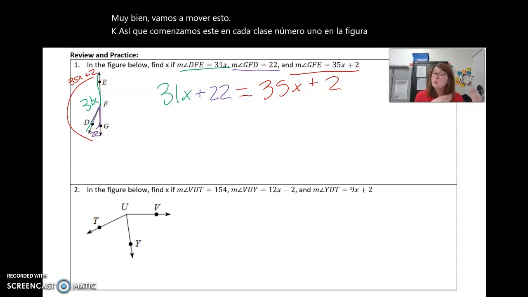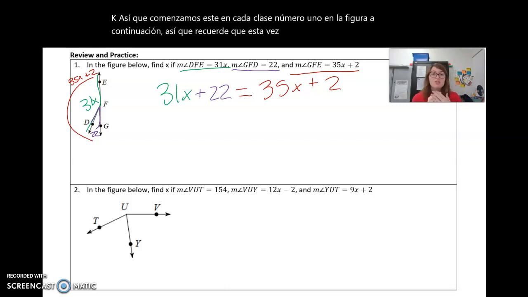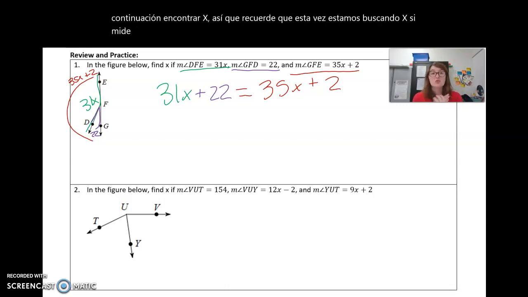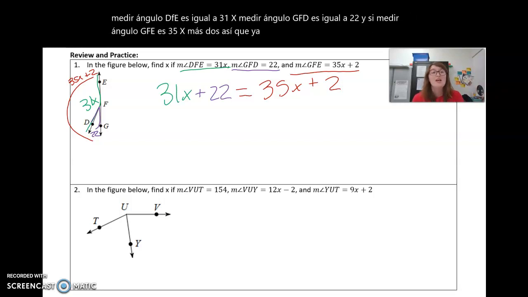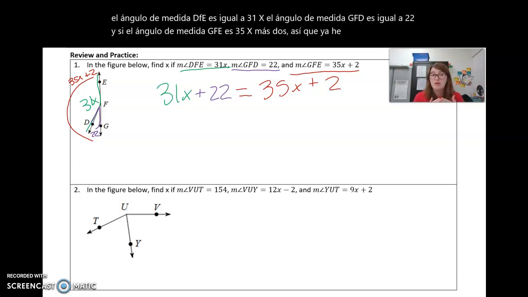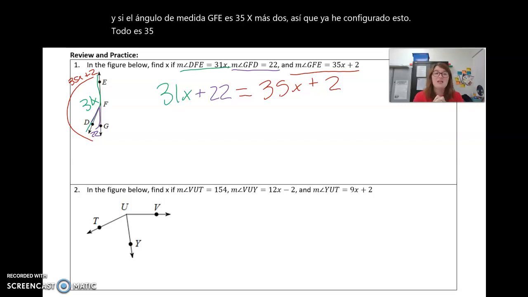So remember, this time we're looking for x. If the measure of angle DFE equals 31x, the measure of angle GFD equals 22, and the measure of angle GFE is 35x plus 2. So I've already set this up. The whole thing is 35x plus 2, and then the two angles on the inside are 31x plus 22.